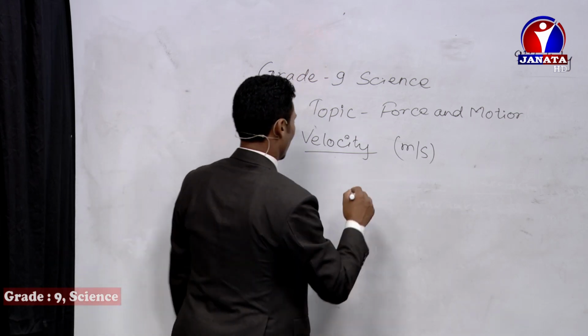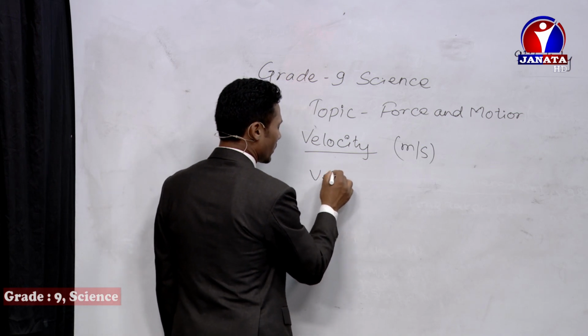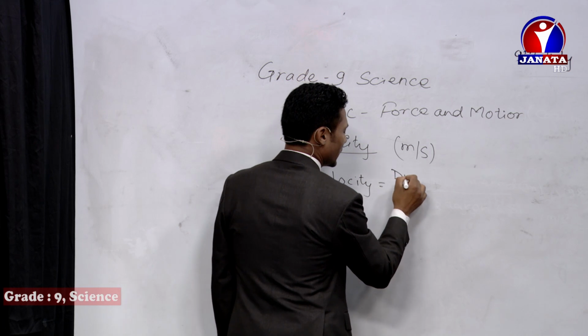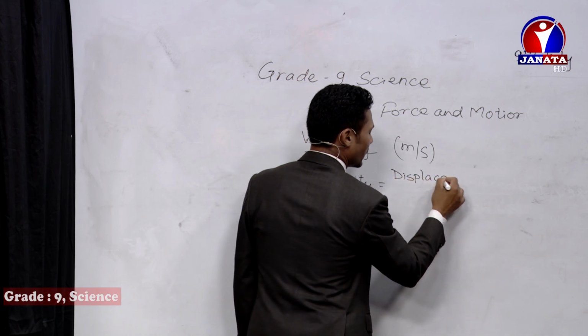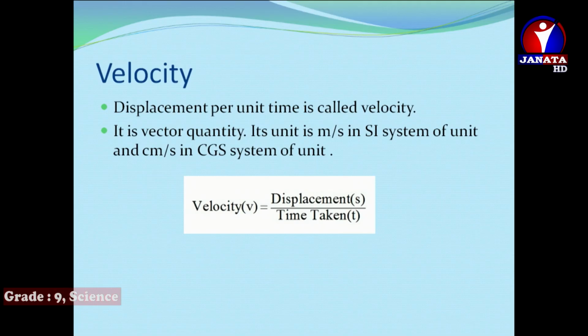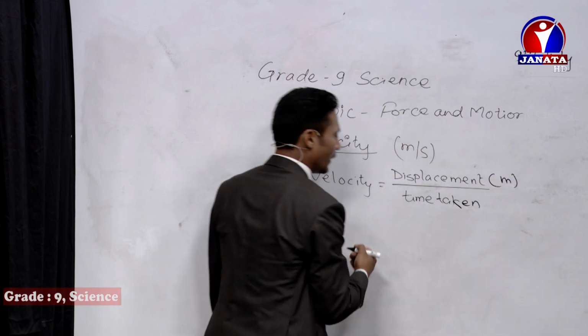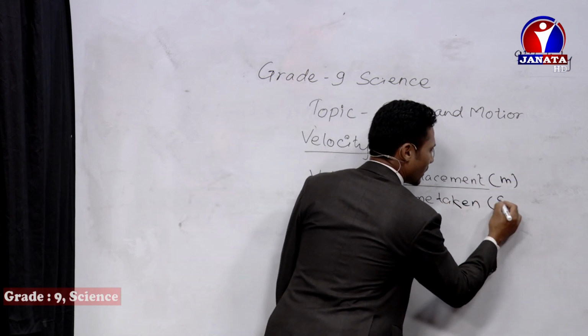So let's write down the formula. Velocity equals displacement divided by time taken. Displacement is measured in meter, and time taken is measured in second.